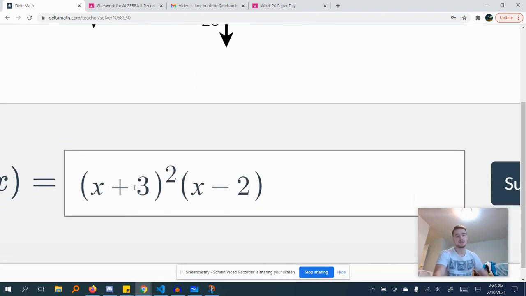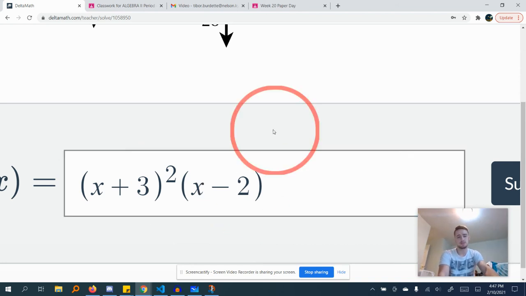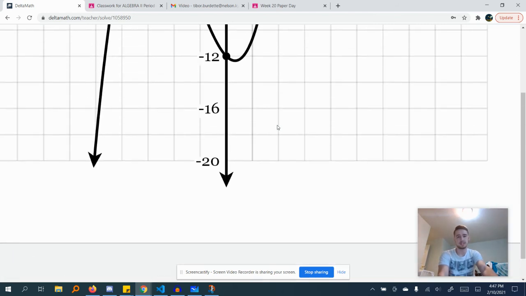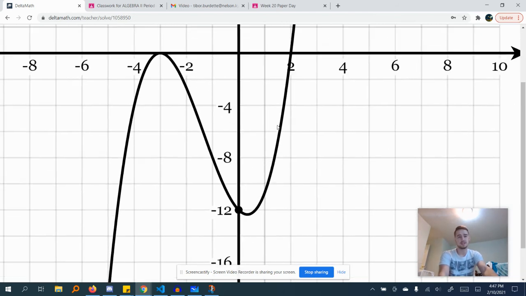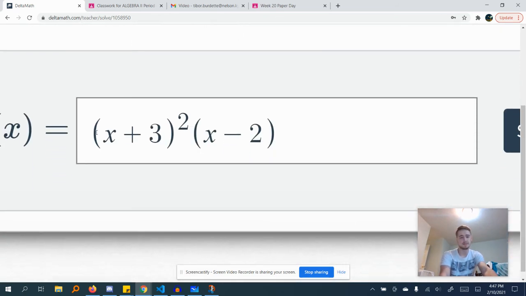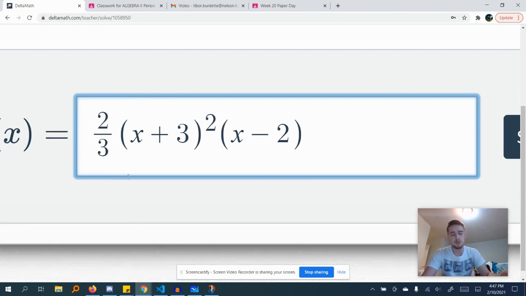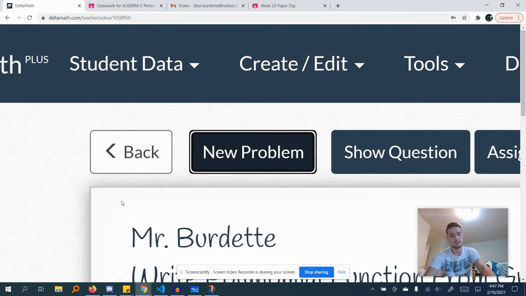So if x is 0, then that's just 3 squared times -2, which is 9 times negative 2, which is negative 18. So that is actually not going to be correct just yet. What we're going to have to do is multiply that by 2/3 in order to make it equal negative 12.